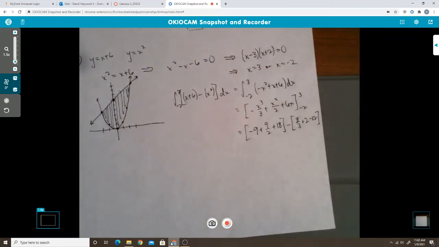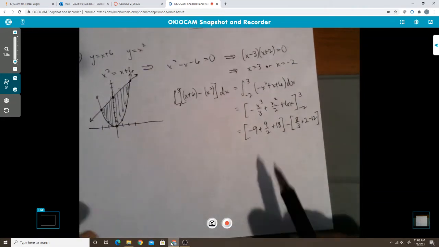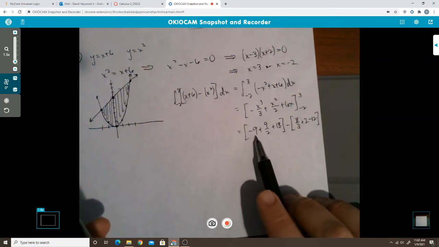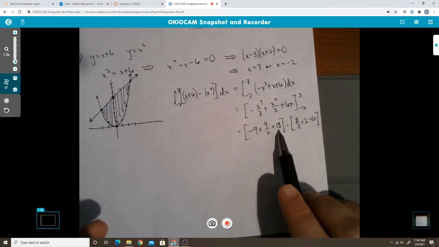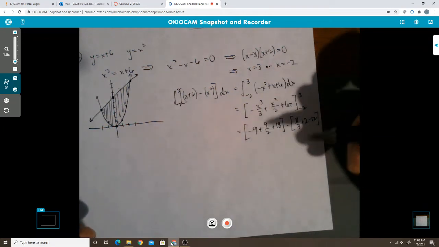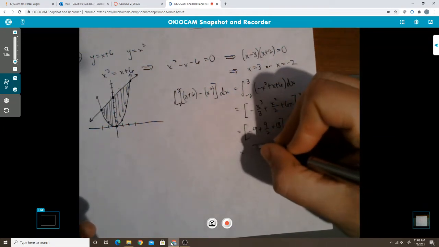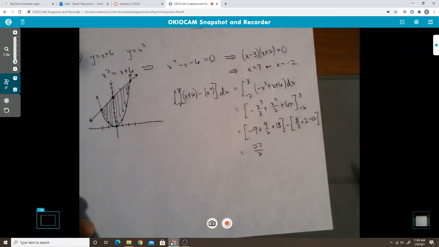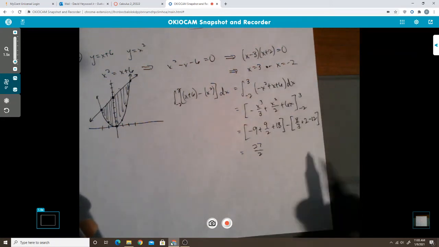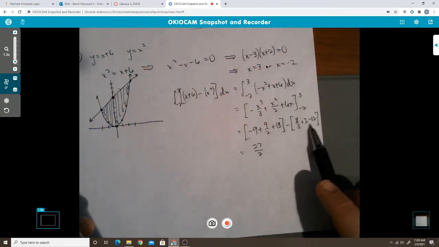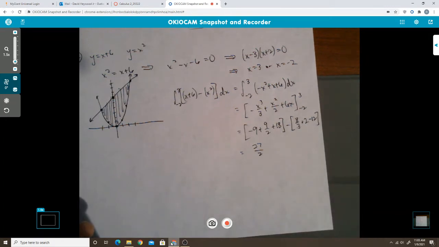And I'm just going to pop this into my calculator at this point. Well, I can do some of it in my head. Negative 9 plus 18 is 9. 9 is 18 halves, and 18 halves plus 9 halves would be 27 halves, right? So we're going to hit 27 over 2. And then 2 minus 12 is negative 10. Negative 10 is negative 30 thirds. Negative 30 thirds plus 8 thirds would be negative 22 thirds.